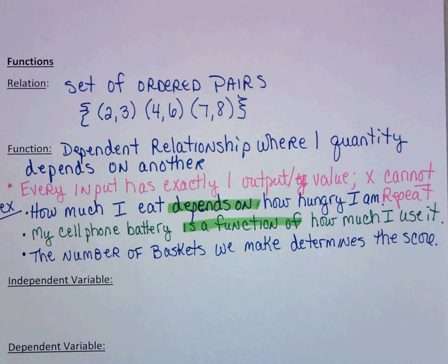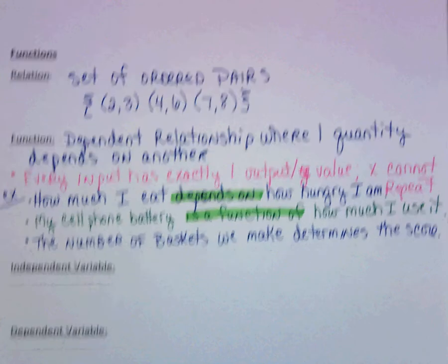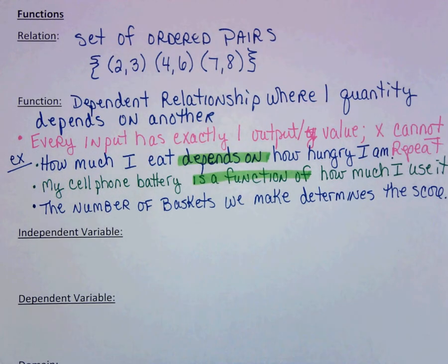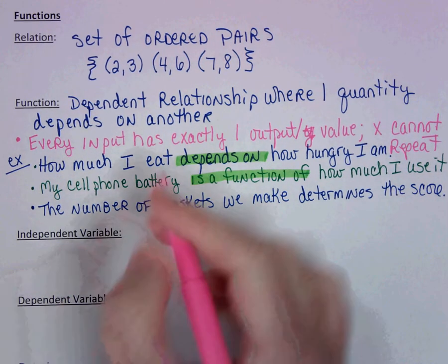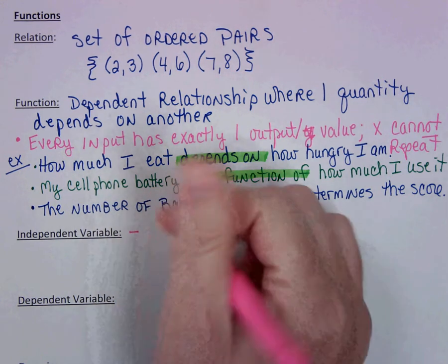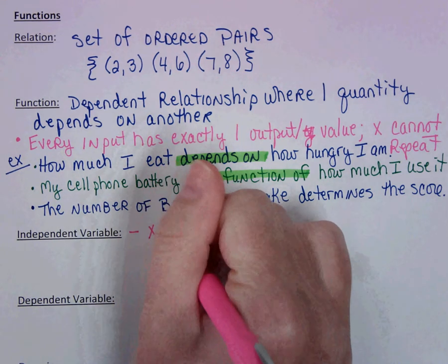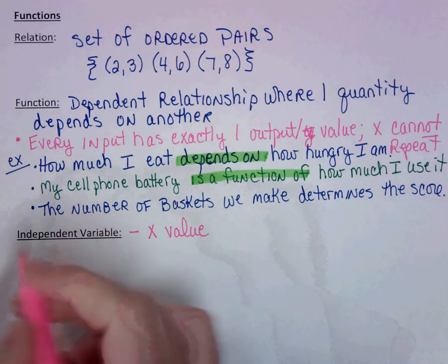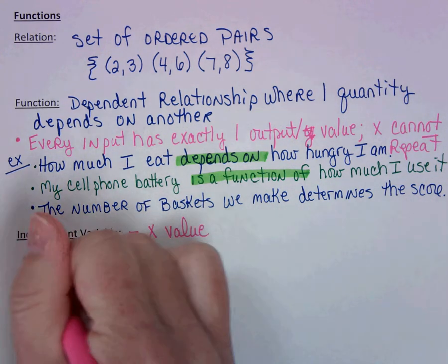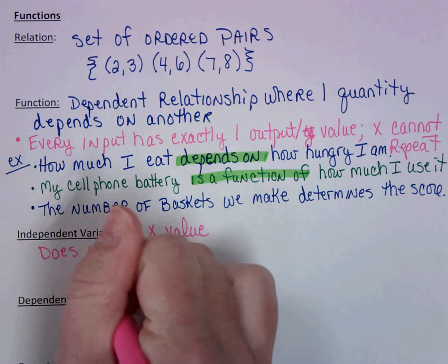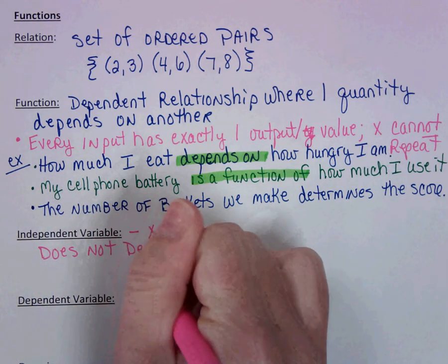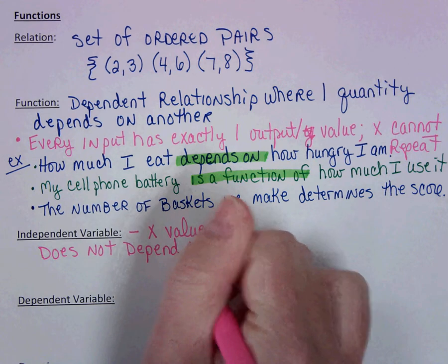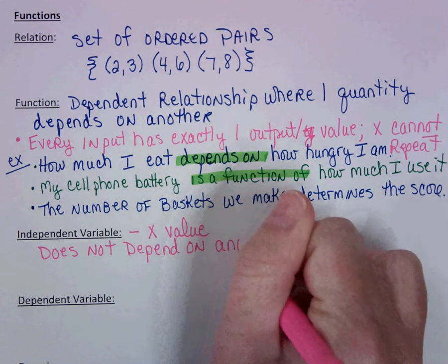Now the next thing I want us to understand is the independent variable and the dependent variable. The independent variable, when we start speaking mathematically, is always the x value. That's important. And it's independent.